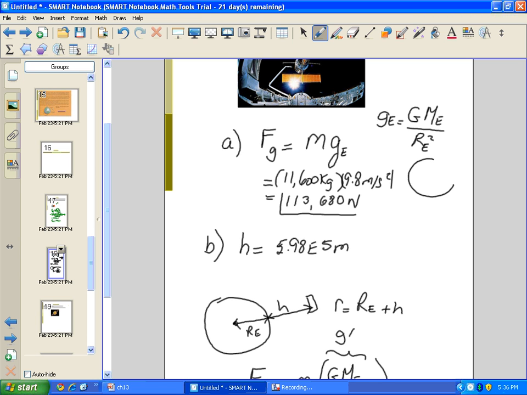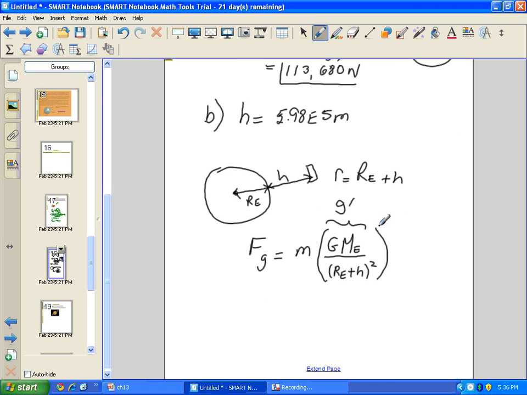Because in this case, we're assuming that Hubble sits on the surface of the Earth, and so h is 0. This is equal to 9.8. That's how we came up with that number. As soon as we put Hubble at a greater height above the center of the Earth, in other words, the radius of the Earth plus altitude, we now have a different value to calculate.